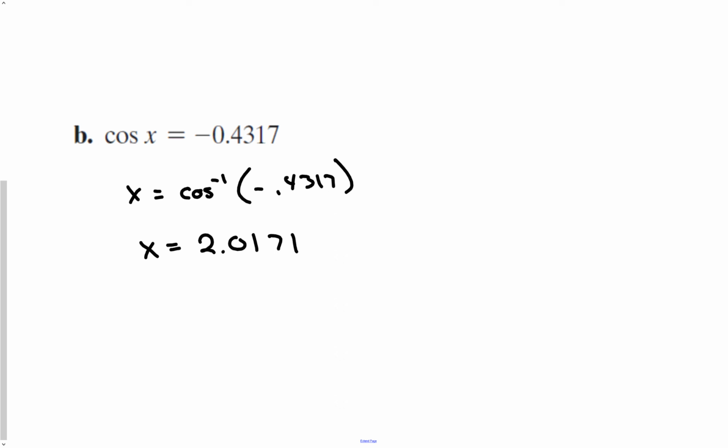Okay, so 2.0171 is in the second quadrant because it's bigger than pi over 2. Pi is 3.14, so pi over 2 is 1.57. So this is how many radians it takes to get to pi over 2.